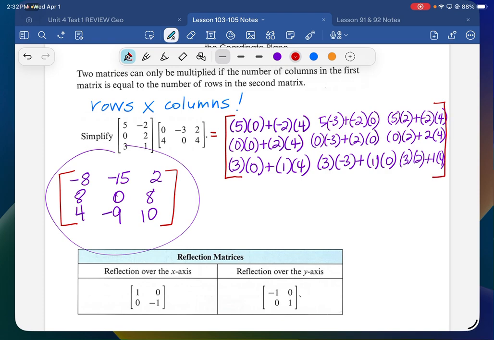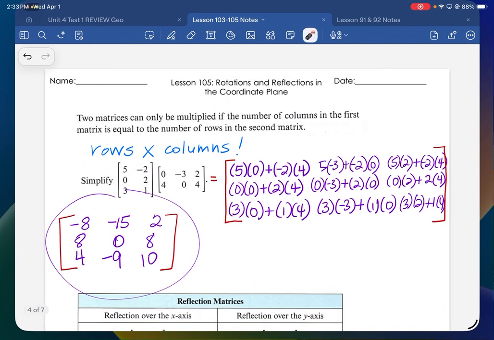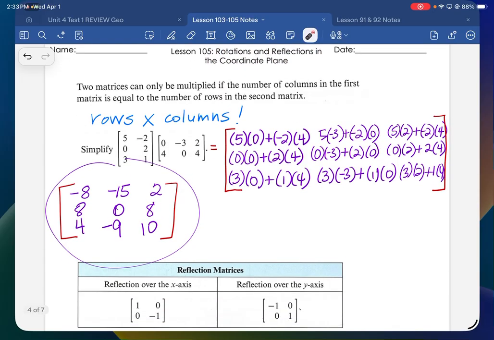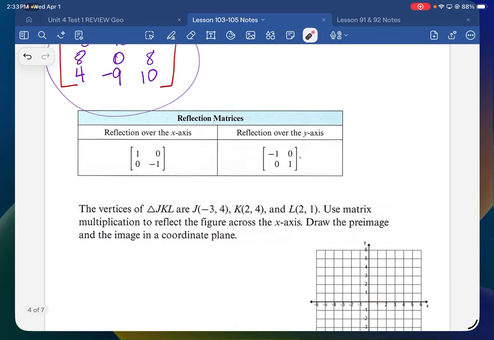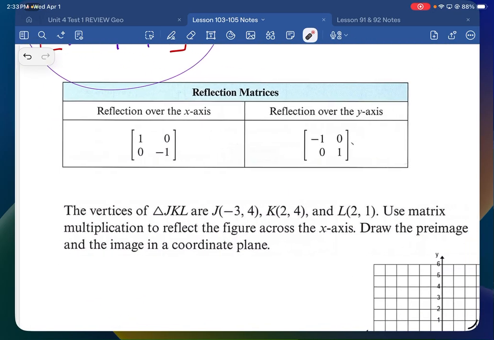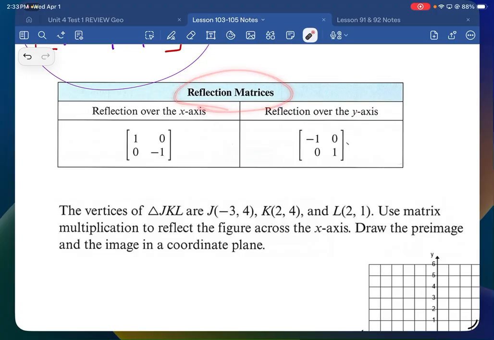Okay, now, how do we use this to rotate and reflect? Here are the formulas. So these are the reflection formulas right here. You're going to use this one when they say reflect across the x-axis. You're going to use this one when they say reflect across the y-axis.